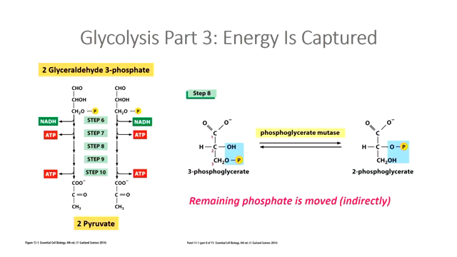So now we have depleted one of our high-energy groups here from our 3-carbon skeleton. But we still got a phosphate here. And we need to set that guy up so that he is in a high-energy phosphate bond that can be split and used to transfer the phosphate to ADP to make ATP.